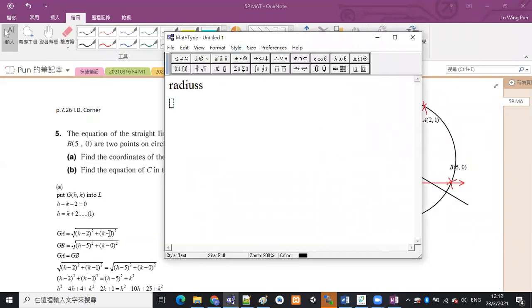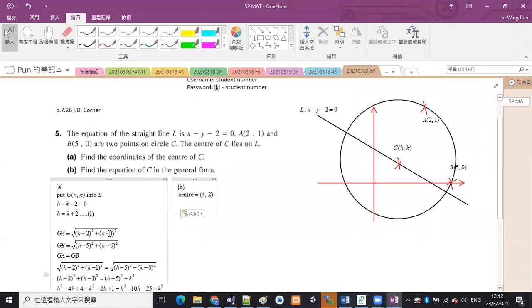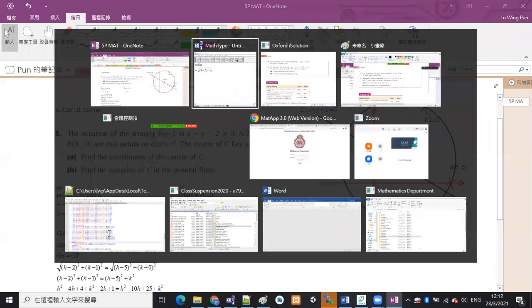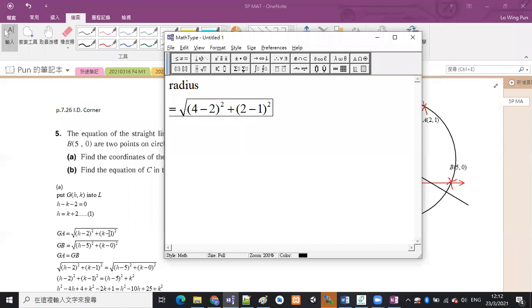So radius is equal to square root of (H minus 2) squared plus (K minus 1) squared. That is (4 minus 2) squared plus (2 minus 1) squared. So that is 2 squared plus 1 squared. That is square root of 5.